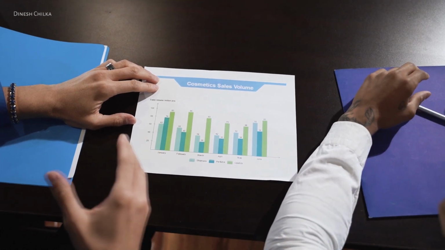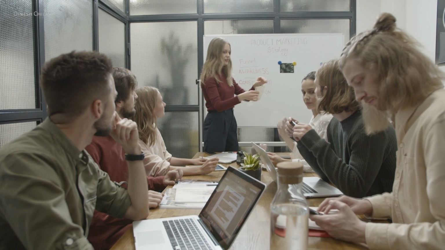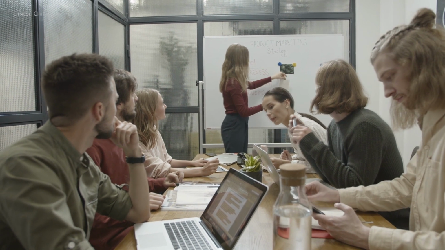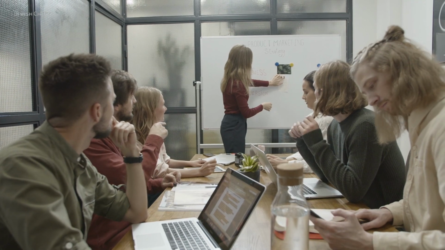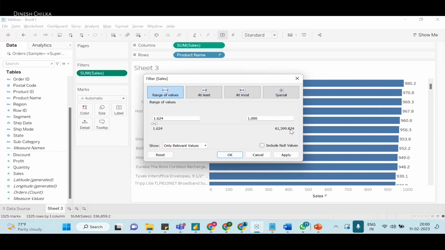Yeah, tell me. 61,599 only, not more than that. Why is it saying 61,000 only? Because my product range maximum is only 61,599. That is my last product value.